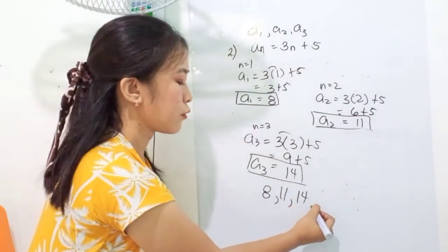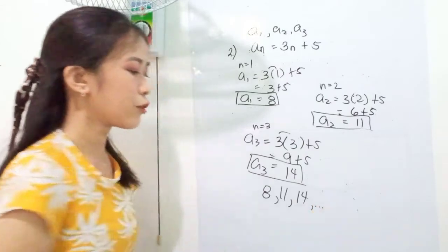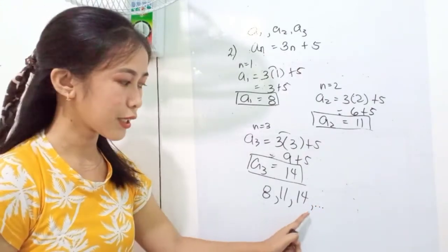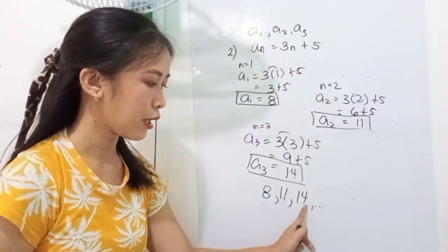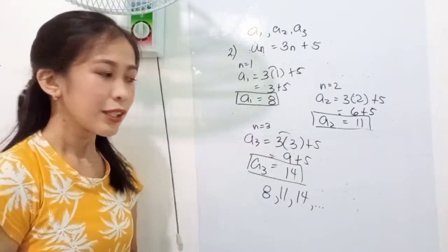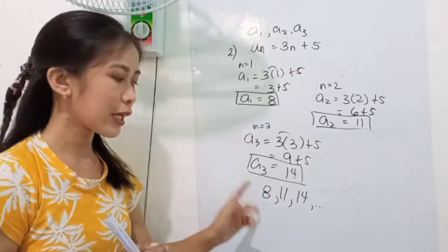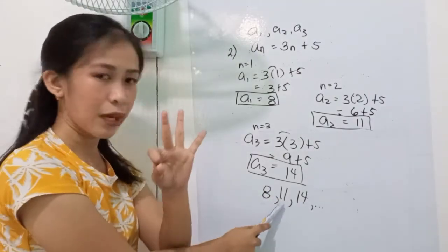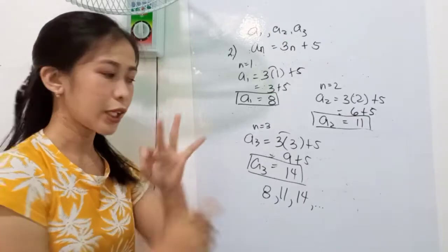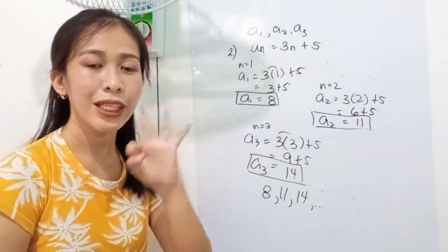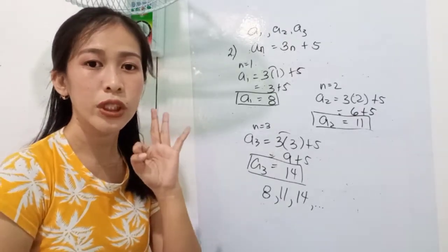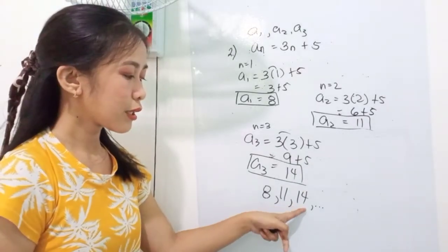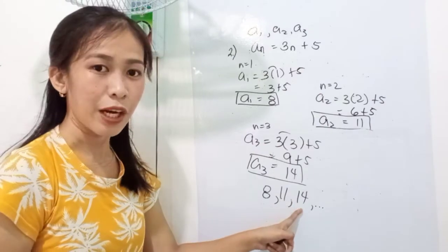Okay, so for example, may hahanapin pa tayo na iba pang terms. This is an example of an infinite sequence kasi nilagyan ko siya ng ganitong sign. Okay, so as you can see, mapapansin na natin 8 to 11, 8, 9, 10, 11, tapos from 11, 12, 13, 14, naging 14. And mapapansin nyo na nag-add lang siya ng 3 to each term para mahanap natin yung next term. Okay, so let's look for the next term after 14.